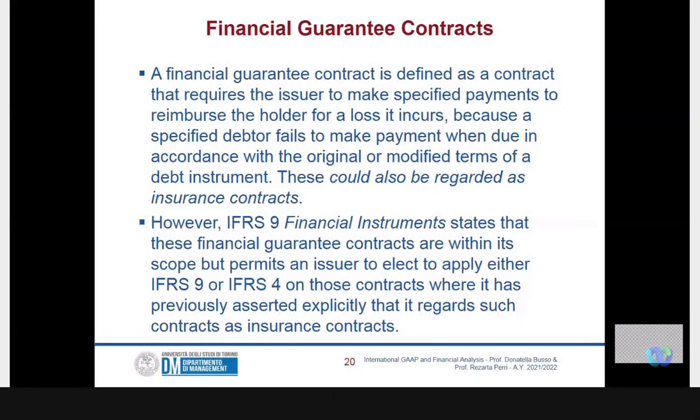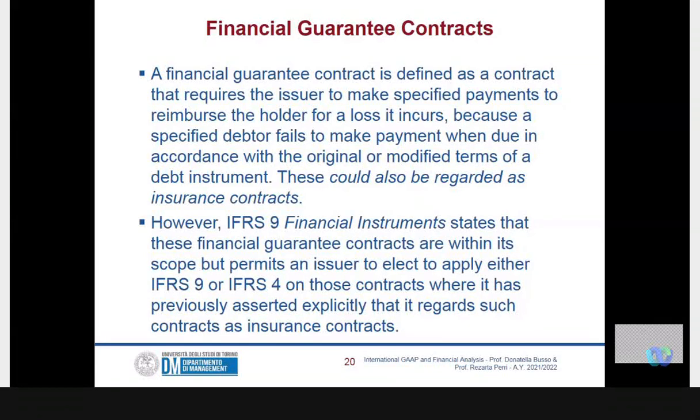However, IFRS 9, which is financial instruments that you already covered, states that these financial guarantee contracts are treated or are covered by IFRS 9. And whenever something is covered by another standard, it will not be double covered, so it is not causing overlaps. So the insurer can choose to apply either IFRS 9 or IFRS 4 for these specific contracts.